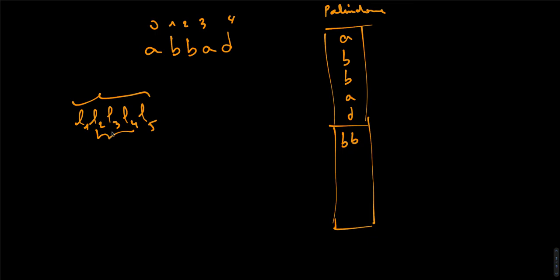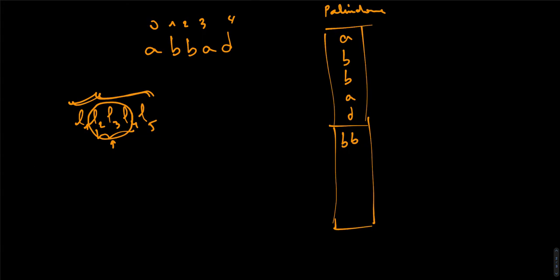So if I know this substring is palindromic or not, the question is, can I know if this substring is palindromic? Imagine with me L2, L3, L4 is palindromic. What is the condition that needs to be verified for the whole string to be a palindrome? And the answer is L1 must be equal to L5. Okay, just gonna write it better.